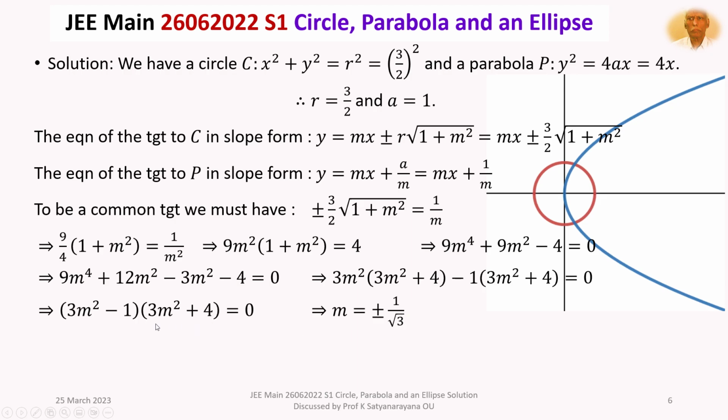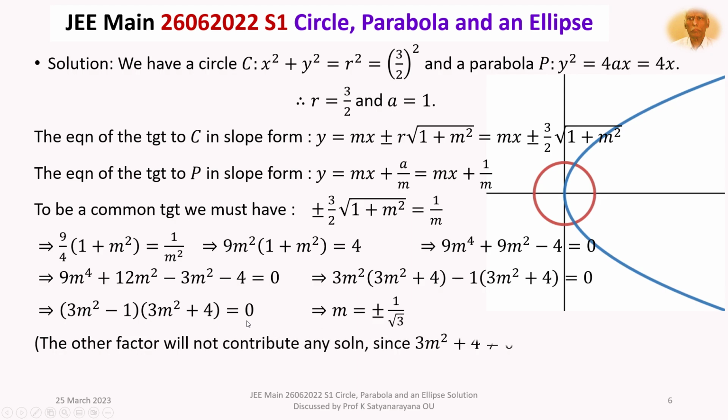We have not considered the other factor 3m² + 4 because it will not contribute any solution for m, since 3m² + 4 is never 0 for any value of m. Therefore, you can reject that factor.